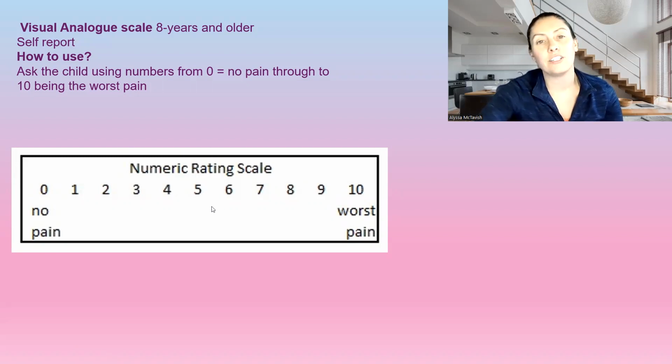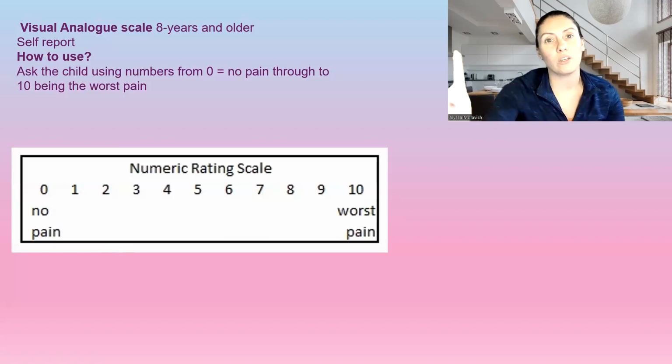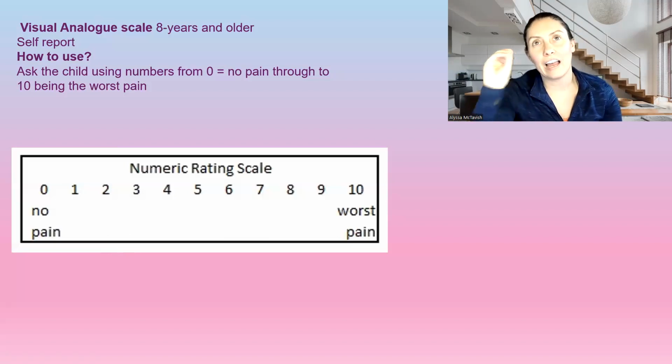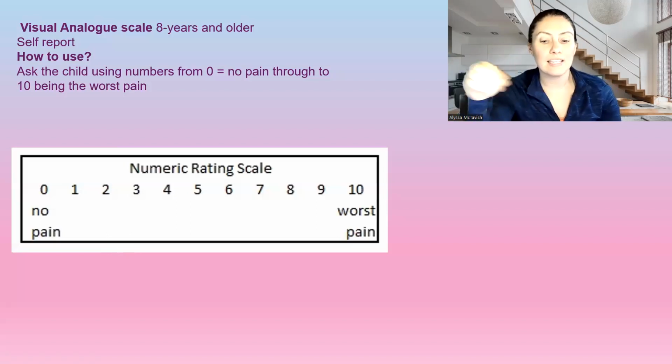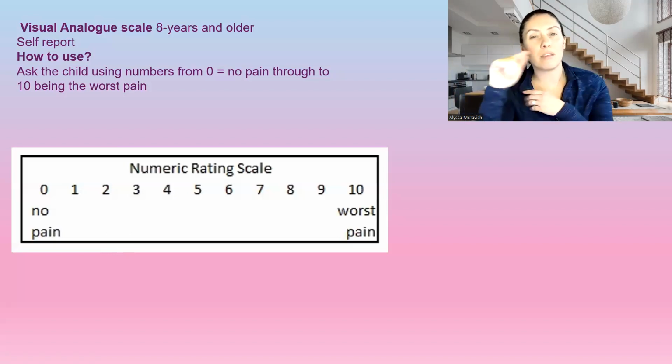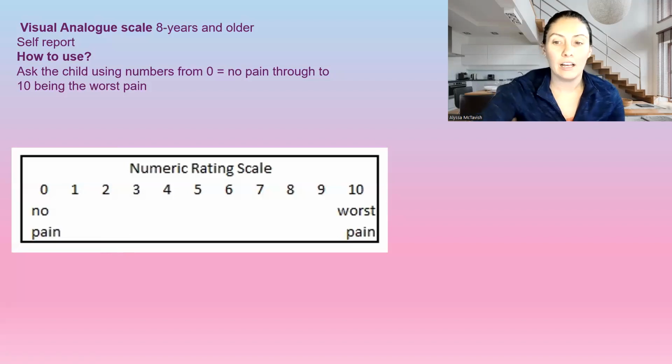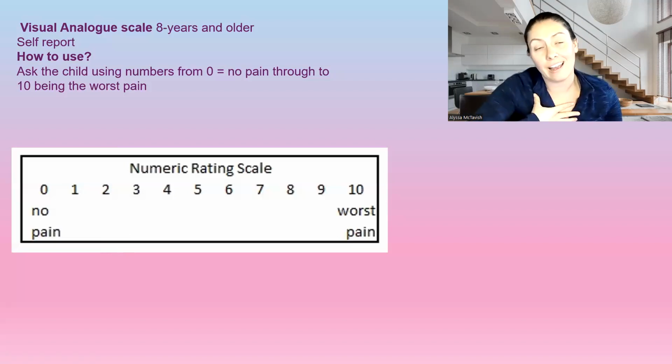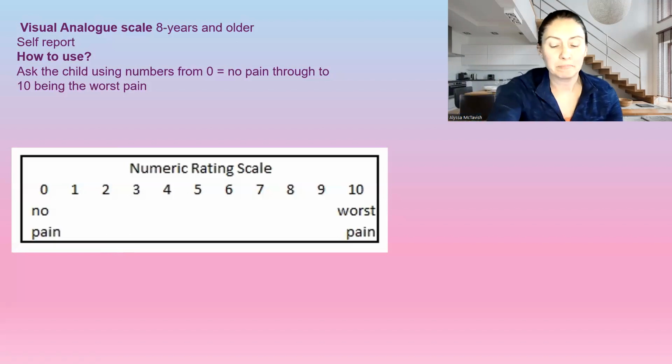I still like to use the faces at this point, but you can describe it in a way that, okay, 0 is no pain, 10 is the worst pain. Where are you at? But I feel that when they see the faces, it helps them out a little bit. It gives them a little something to pick from. Okay. And I find that I get a better rating, and then I can treat the pain more appropriately.